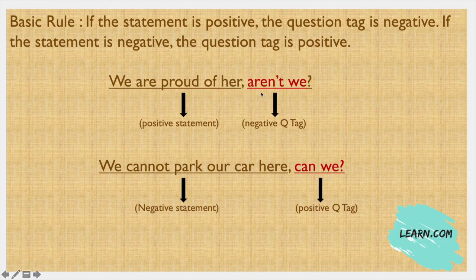That is why we have used the negative word in the question tag. But in this sentence, the word not is already there in the statement, so we are not using the negative word in the tag, so that it can be positive. This is the basic rule which you should always keep in mind while solving question tags: positive statements will have negative question tags and negative statements will have positive question tags.